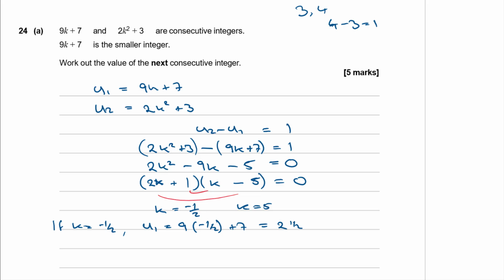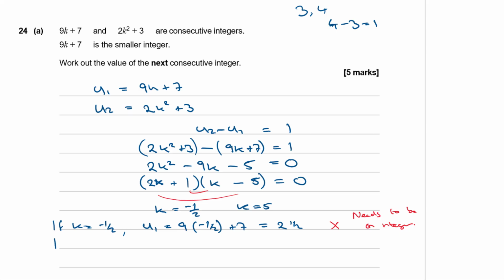So that doesn't seem to work out, because u1 is not an integer there, is it? Okay, so that doesn't work. It's a solution to the equation, but it's not a solution to the problem because u1 needs to be an integer. So that's not a solution.